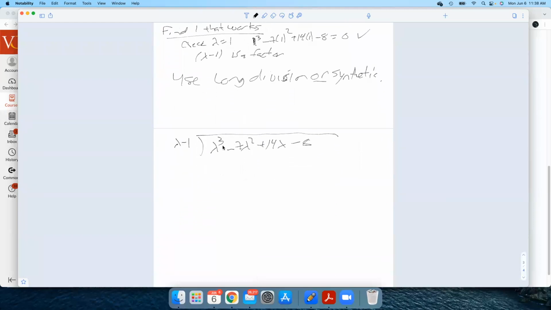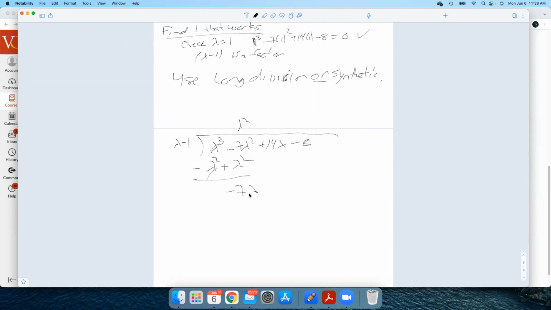What do I got to multiply lambda by to get lambda cubed? That would be lambda squared. Distribute, lambda cubed minus lambda squared. Draw the line, change the signs, add straight down, those cancel out.